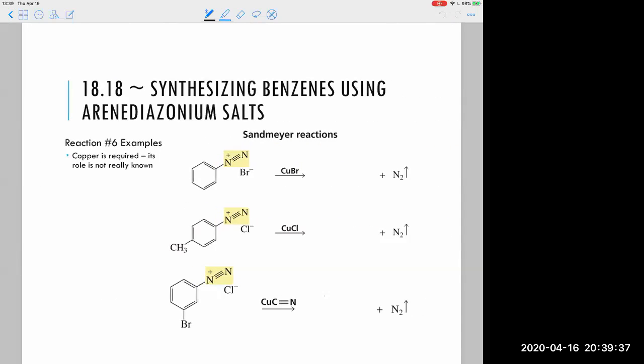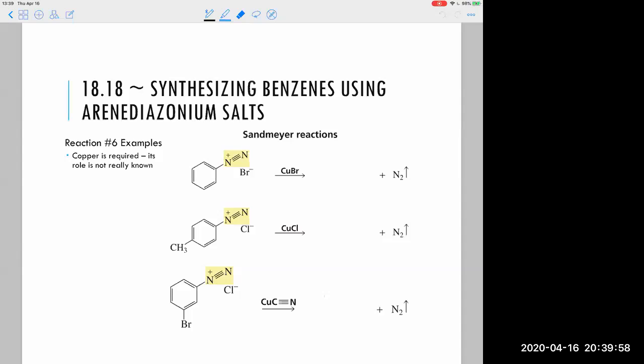All right, so again, these are going to be all about substituting that diazonium group. One of the easy things to do is to use these copper salts. Interestingly, they have no idea why copper salts work so well, but they do.